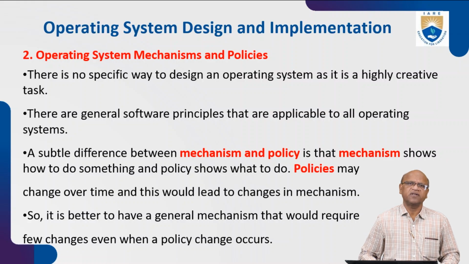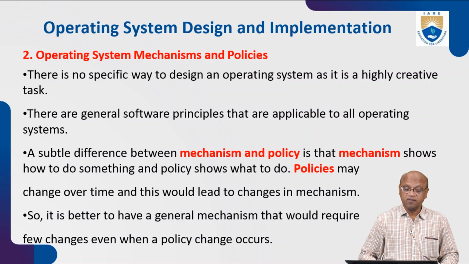A subtle difference between mechanism and policy is that mechanism shows how to do something, and policy shows what to do. The OS considers how to do, and we have to plan it, while policy shows what to do and what not to do.